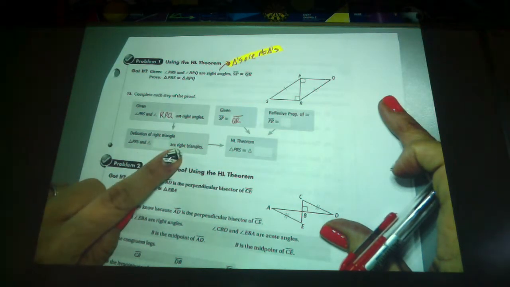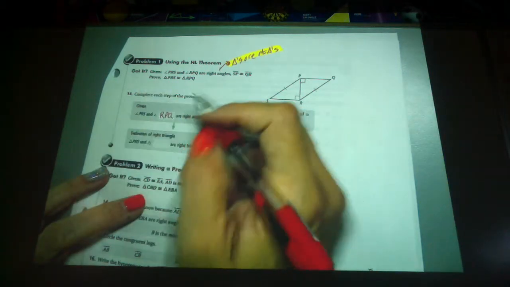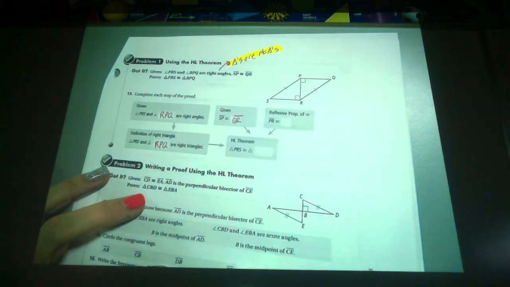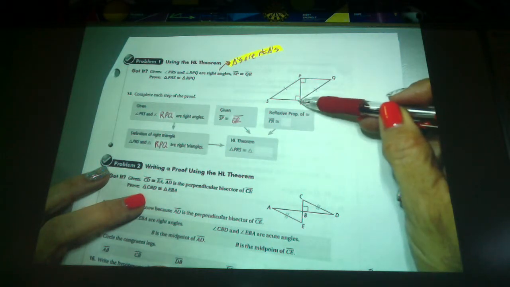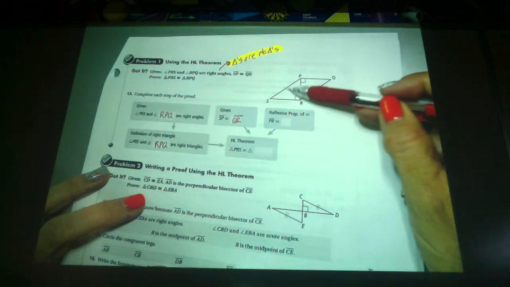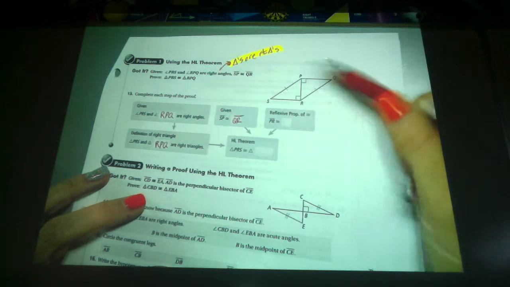Right triangles. So we've got triangle RPQ that we have to add in there. So we've got a right angle. What piece of this triangle is that right there? Hypotenuse. So here's an H.